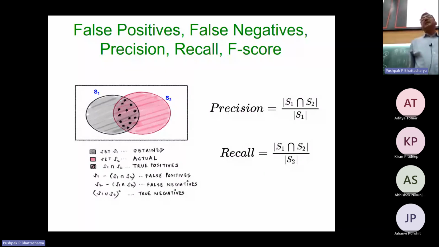In the most general case, precision will be discussed by means of a Venn diagram like situation, where we have the first set S1, the set of labels obtained from the machine, and S2, the actual set of labels.